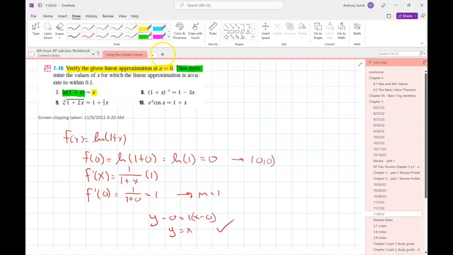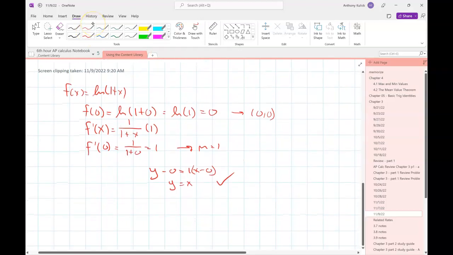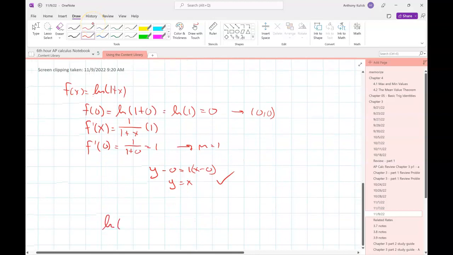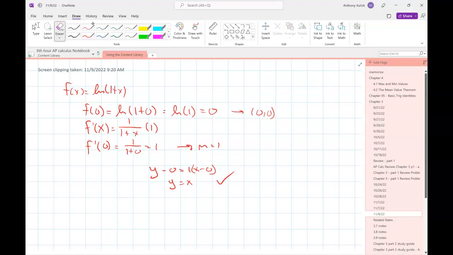The next part says determine the values of x for which the linear approximation is accurate within 0.1. So I need, maybe let's start writing it this way, I need my linear approximation to be bigger than the actual value minus 0.1 and smaller than the actual value plus 0.1.